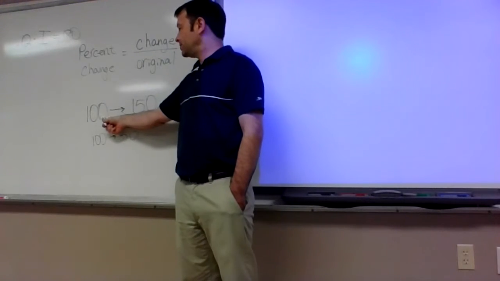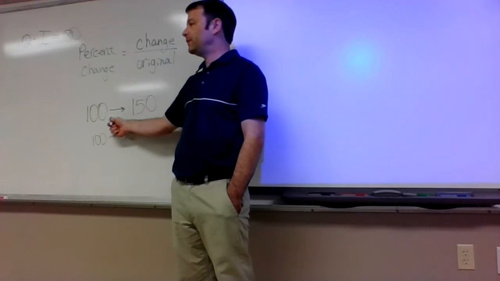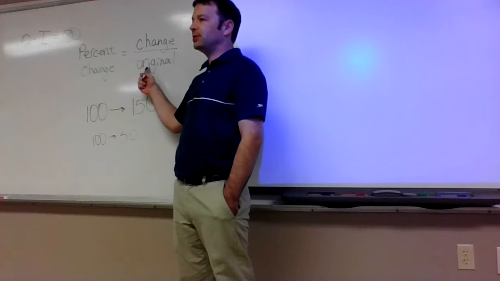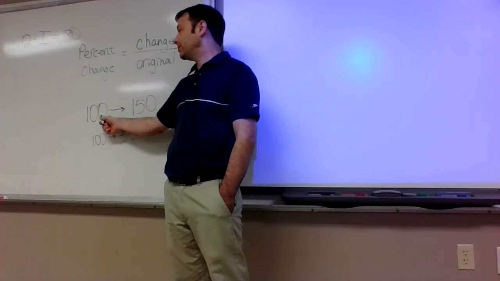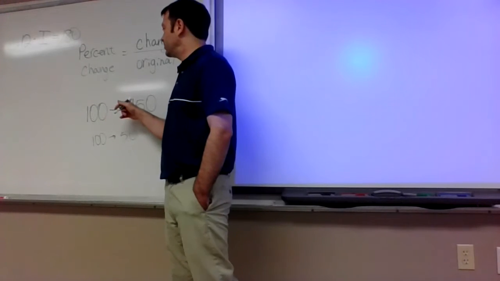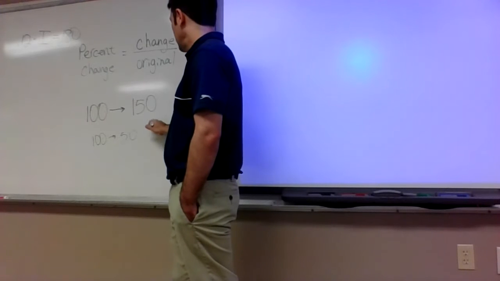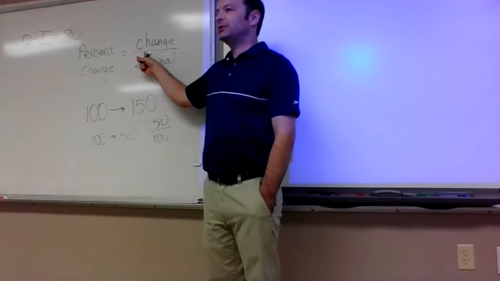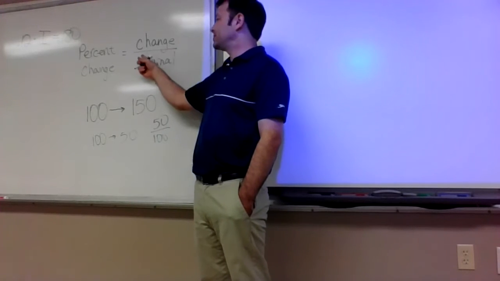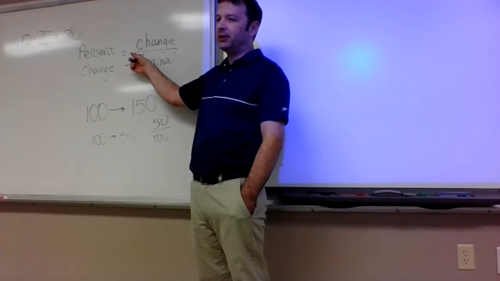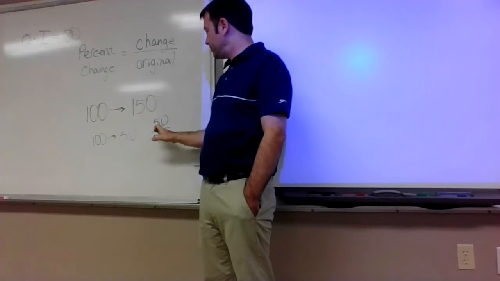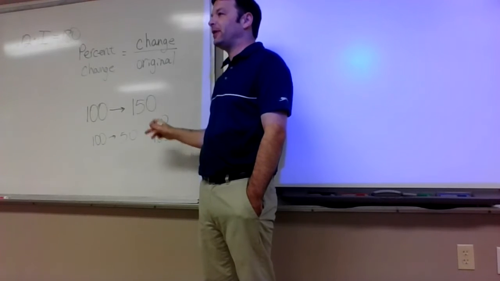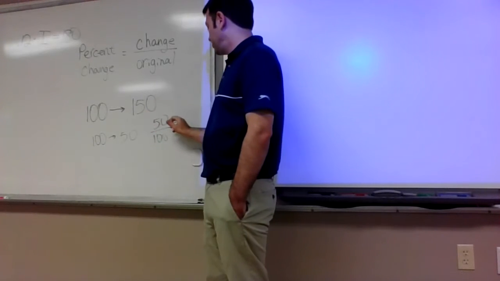So what was the change on this problem? 50. What was the original? 100, the starting one. So what's 50 divided by 100? I know this looks like a fraction bar, but this is a division bar, okay? Same thing, kind of. What is 50 divided by 100 if I put it in the calculator? 0.5.